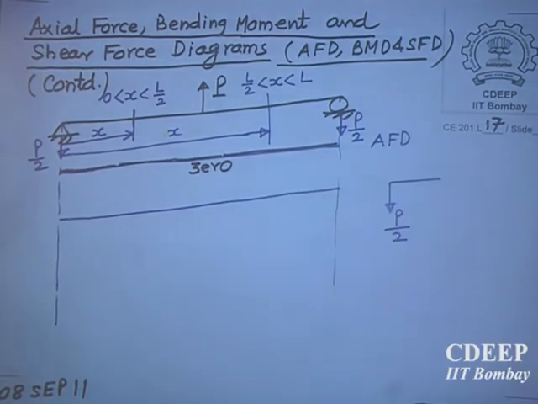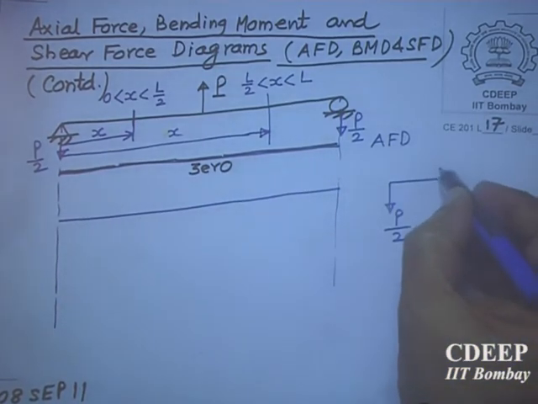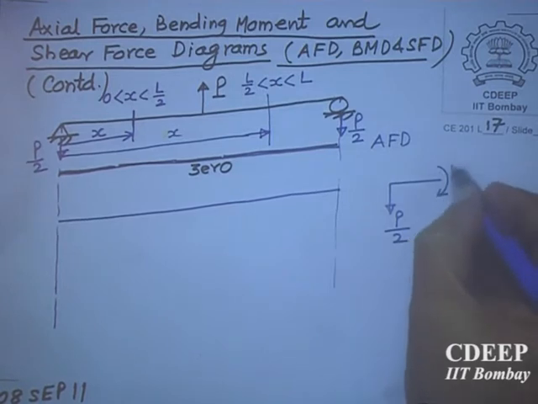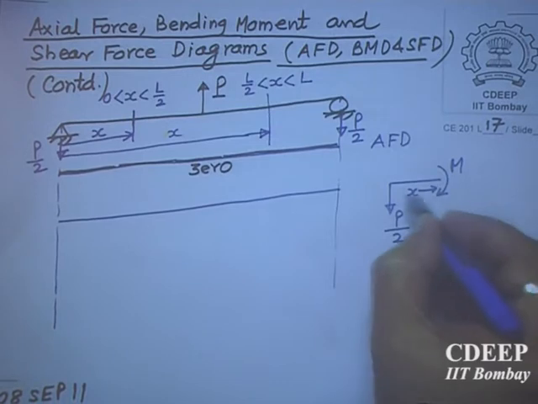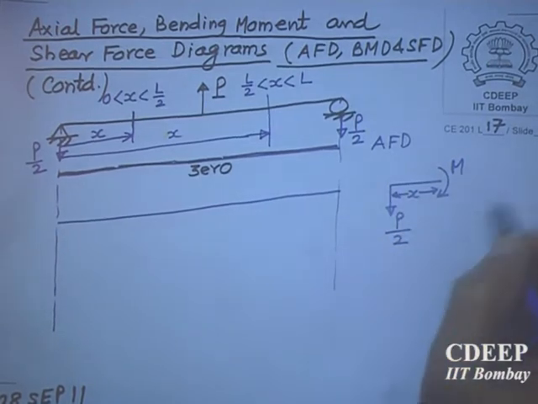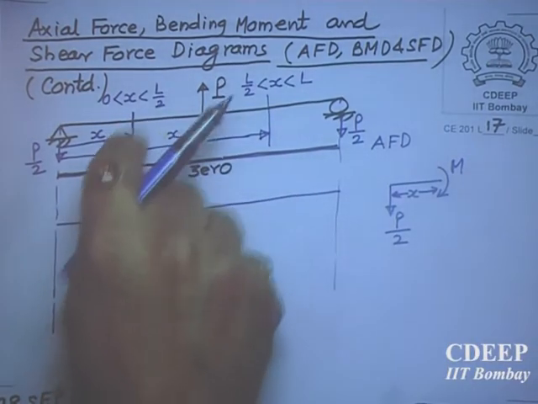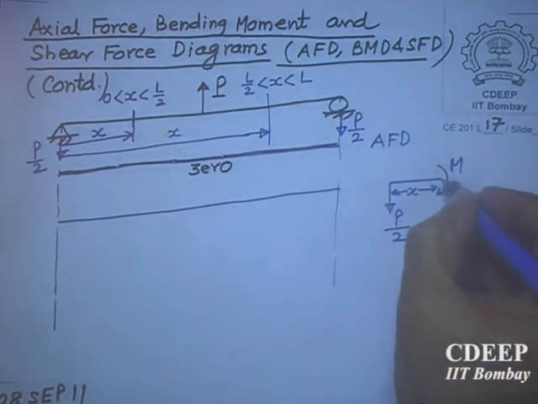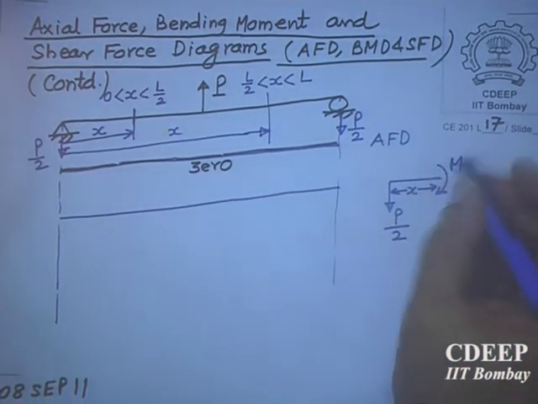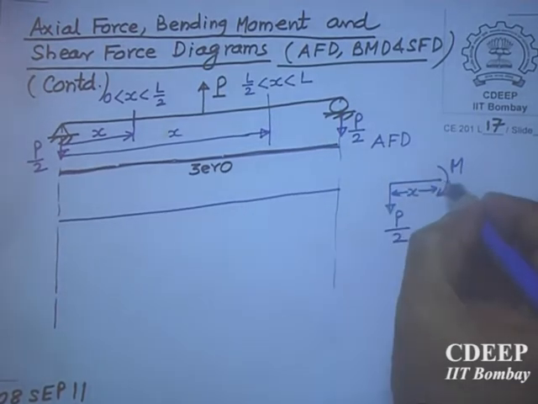Now we want to draw the bending moment diagram. My positive bending moment at this section is like this. At this cross section, at this x, I am just showing it. I need not show the shear force here because I am trying to find out only M. So it is not the correct free body diagram.